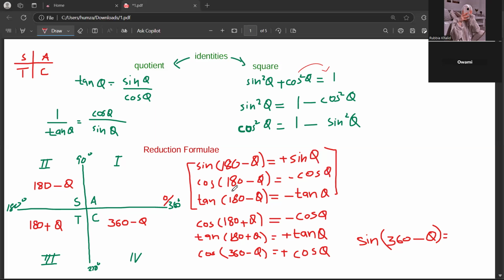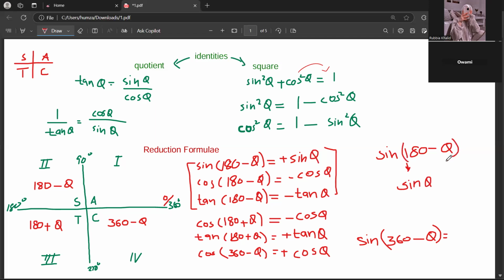Okay, no problem. So if I look at this alone, sine 180 minus theta, and I ask you to reduce it, this will give me an angle which is sine theta, right?